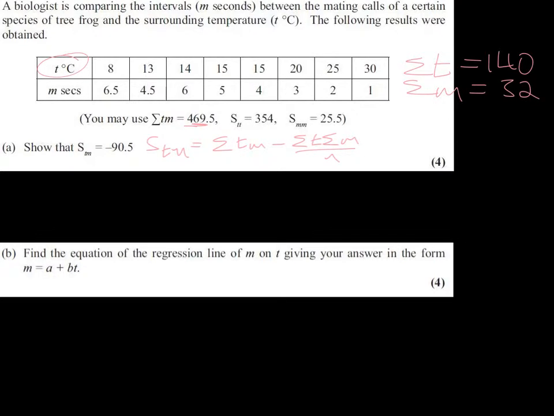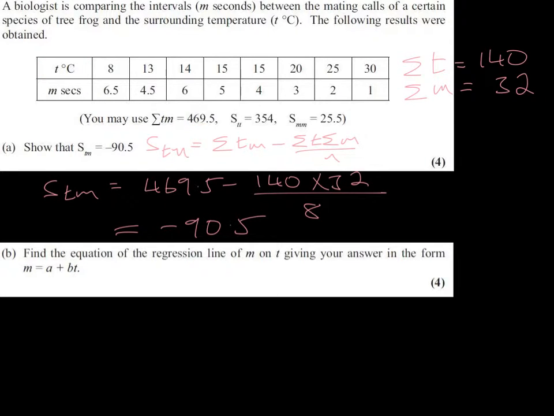So once we've got that, we can substitute that into the formula. So we are saying that sigma Tm is 469.5 minus the product of sigma T times sigma M, all divided by N, which we know is 8 because there are 8 pieces of data in the set. And if we calculate that, that does indeed give us an answer of negative 90.5.